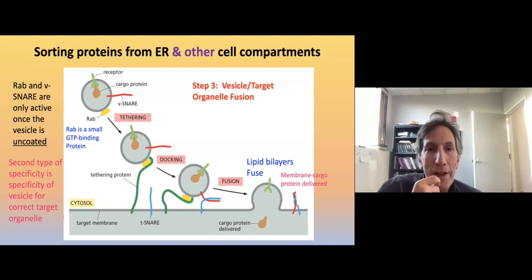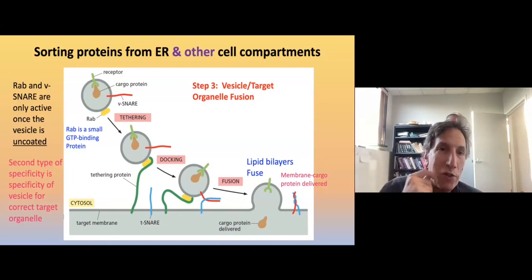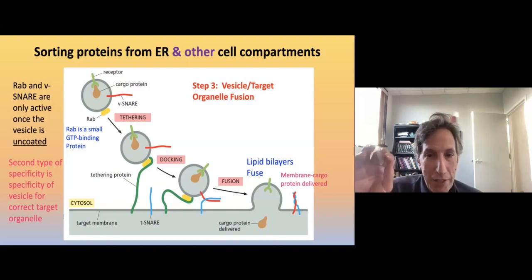For example, a V snare from an anterograde vesicle is going to be different from a retrograde vesicle, or from an endocytic vesicle, or an exocytic vesicle. Each vesicle has a V snare that matches up only with its target organelle.